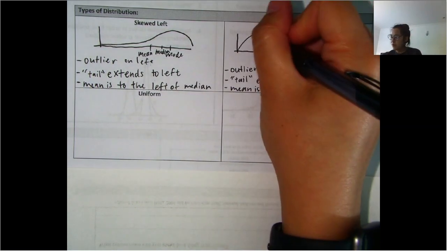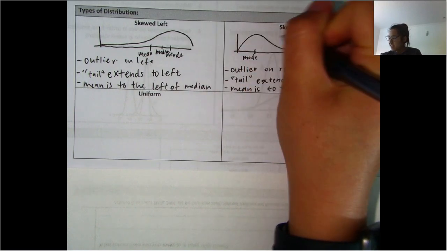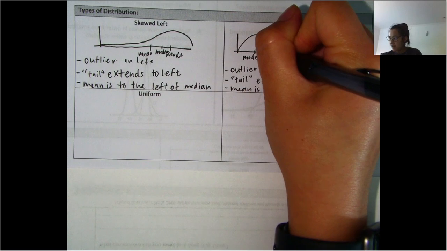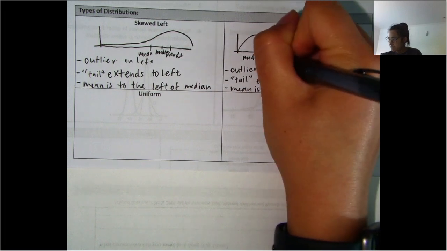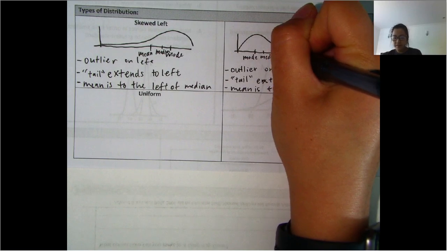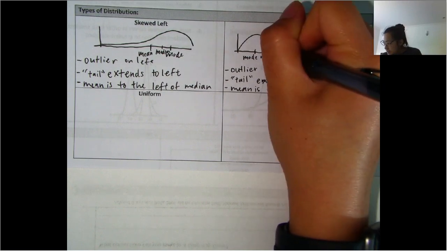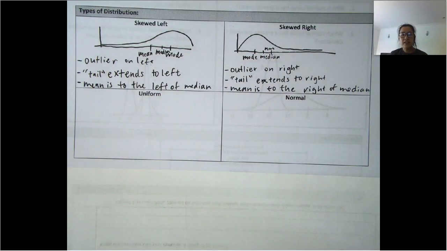Okay, so the mode, of course, is at the highest point there. And then the median is going to be to the right of that. And then the mean is going to be to the right of that.